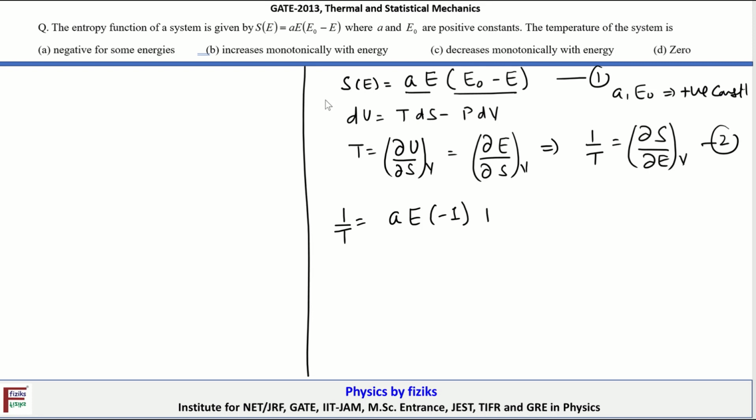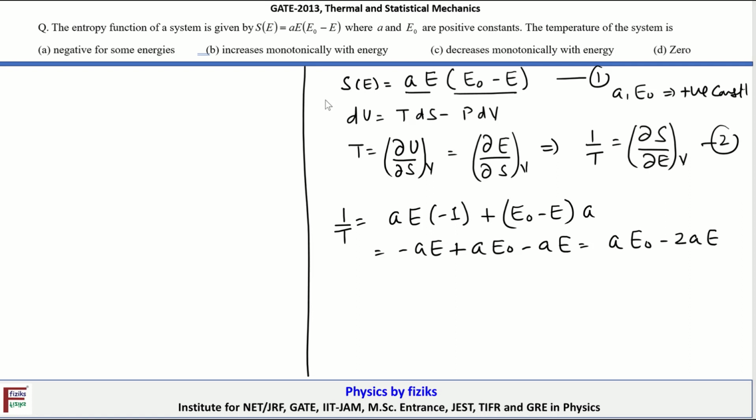And then plus the second function, E0 minus E, multiplied by the differential of the first one with respect to E, so A. So this is equal to minus AE plus A E0 minus AE, or this is equal to A E0 minus 2A E.